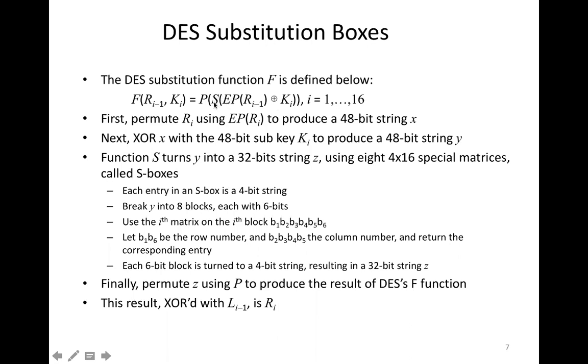By substitution, I want to compress these 48 bits into 32 bits, because the output of this function f should be a 32-bit long string. So that's what this S is for. And after that, you perform a permutation.